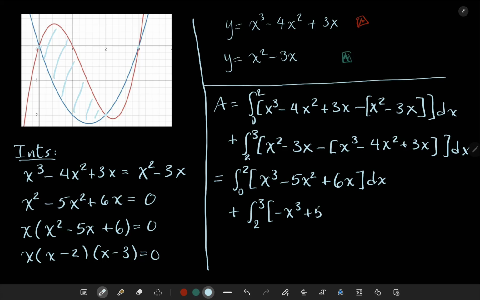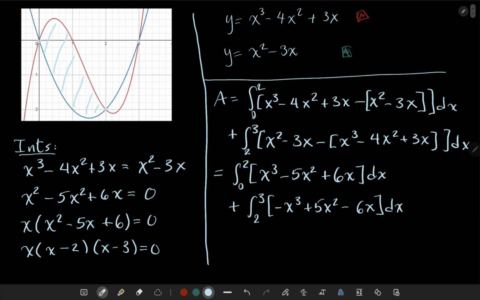It's just going to be the same function, except you're going to change the signs. Some people just put a minus here and then copy the same function, which saves you a step. But right now, since I'm just explaining to you how to do it, I'm not going to do that. And that second integral, by the way, takes care of this area here.